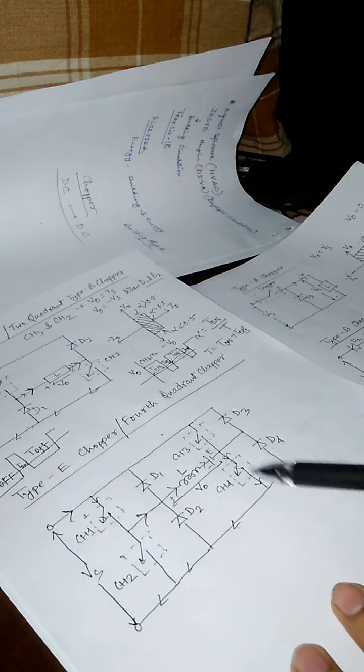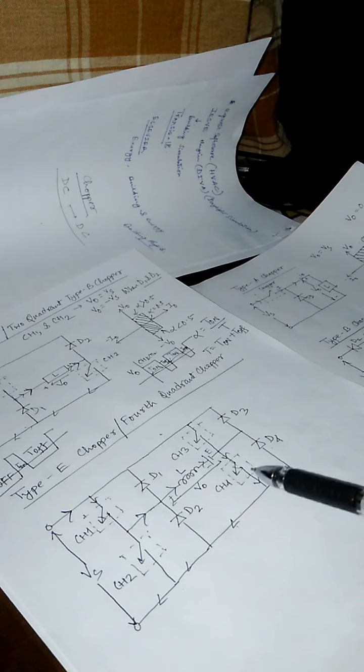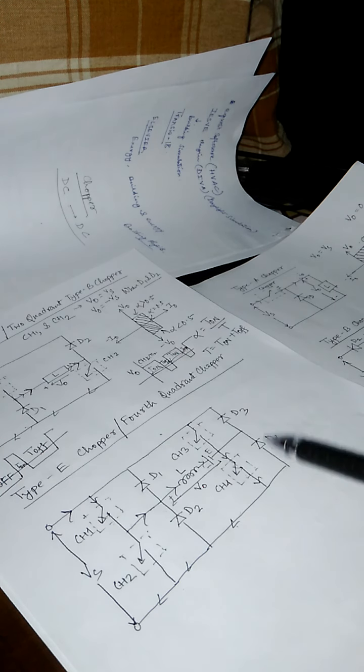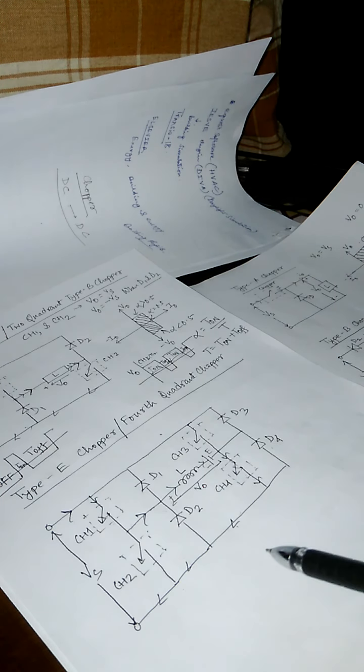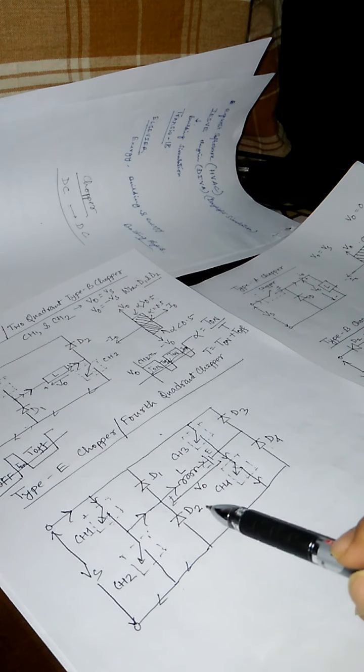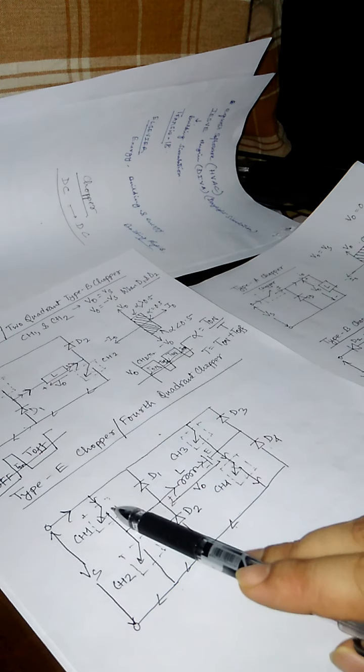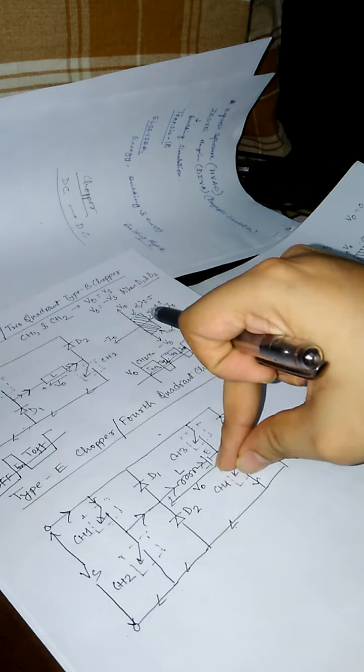This is also called first quadrant operation because here the V0 and I0 values are treated as positive, because when CH1 is in the operating condition, the source voltage directly feeds the load.